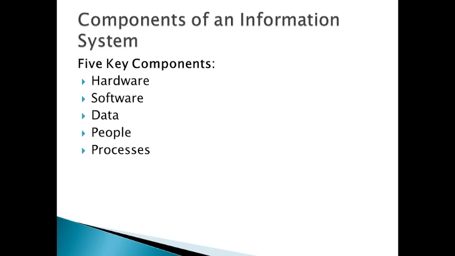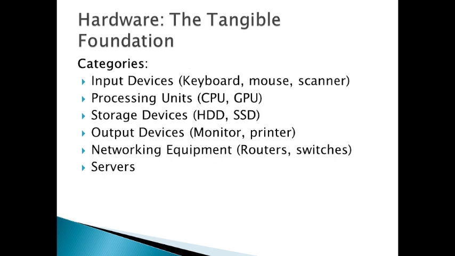We also have storage devices. This holds data and programs. Examples include hard drives, solid-state drives, USB flash drives, and optical disks. The storage capacity, speed, and reliability are vital considerations.